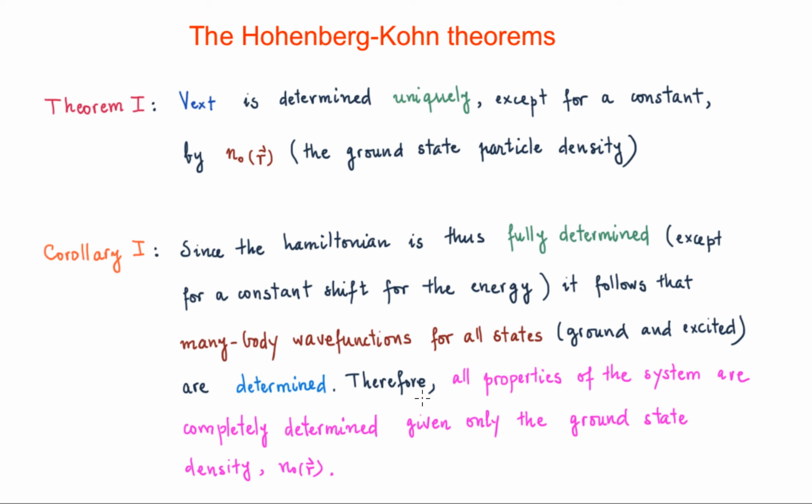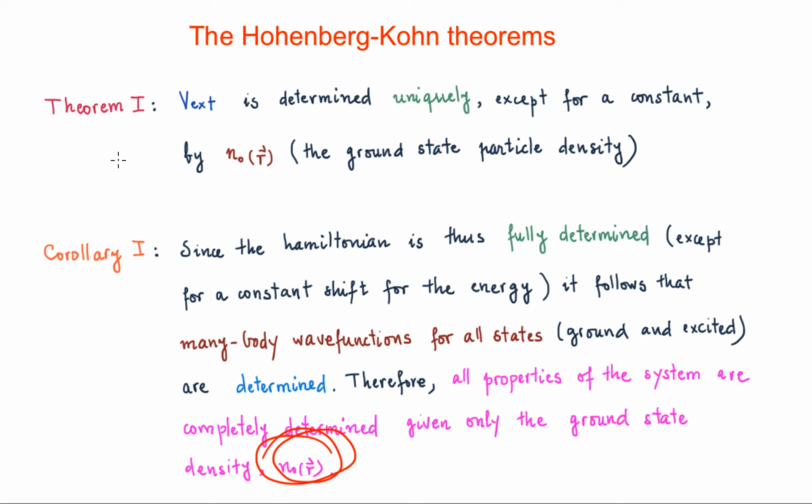Therefore, all the properties of the system are completely determined given only the ground state density. This ground state density can determine any property of the system. That's the corollary of the first theorem.